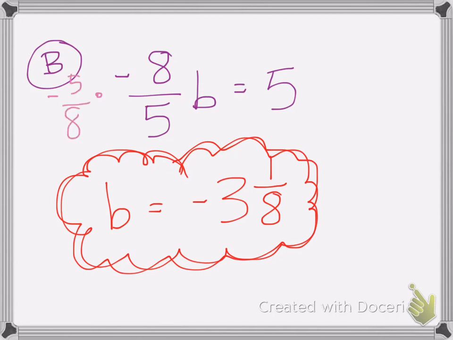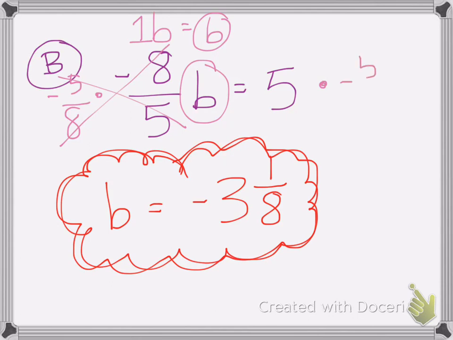Remember, I told you to keep the sign because a negative times a negative will be a positive, and you want a positive 1. Because when it's 1b, you can just write b, and that's what you want. b equals 5 times negative 5 over 8, and when you work that out, you will get negative 25 over 8. And if fractions is still your issue, keep working on it.